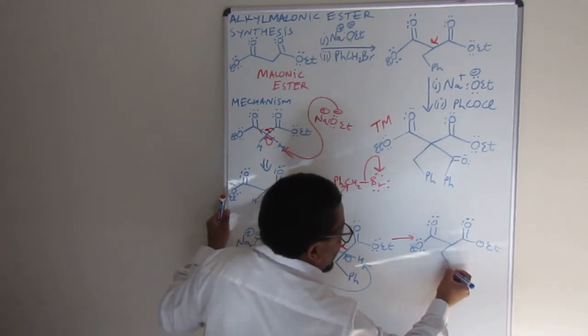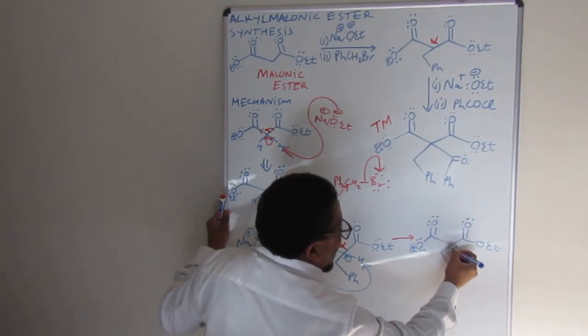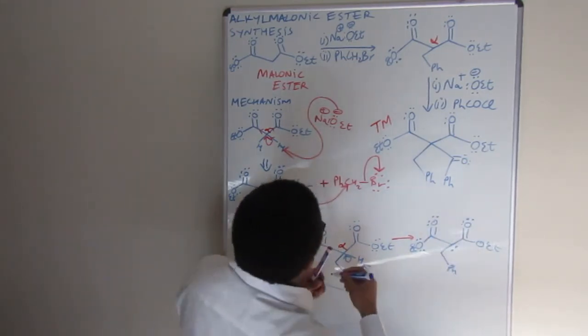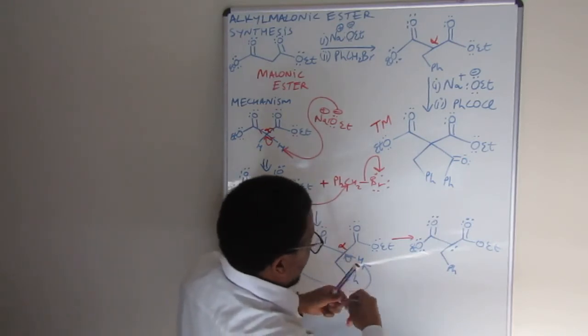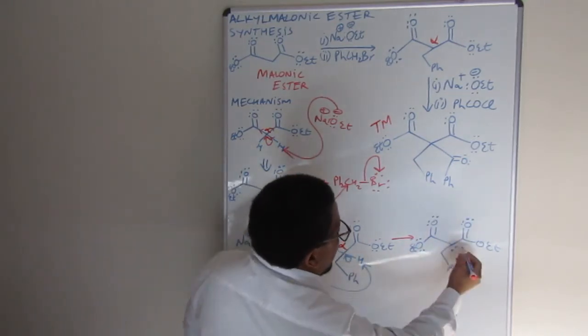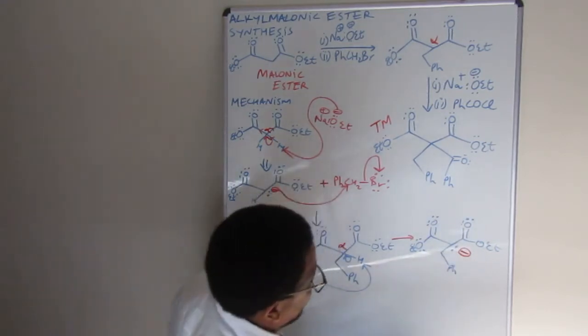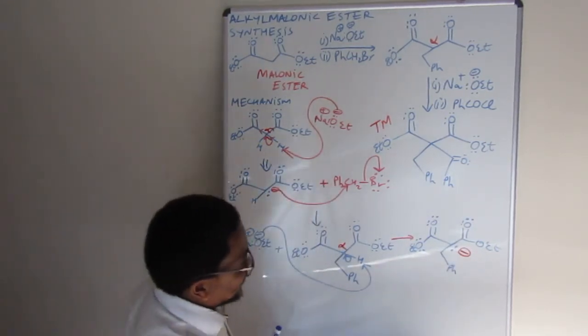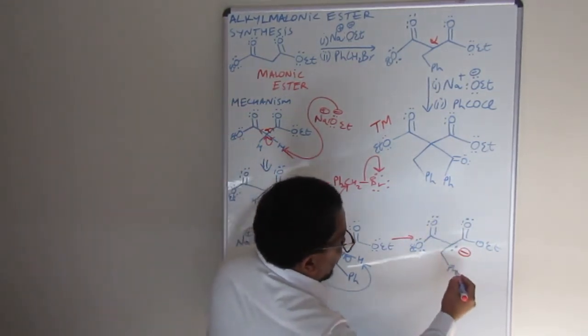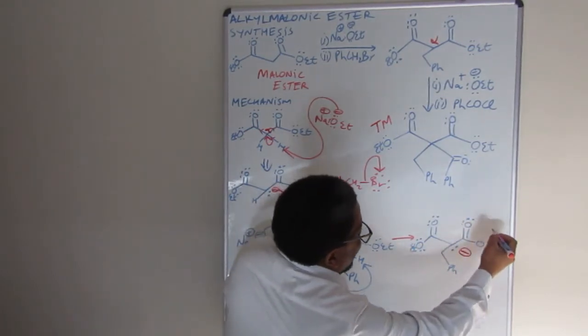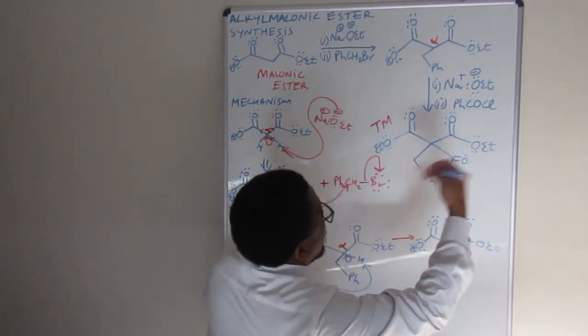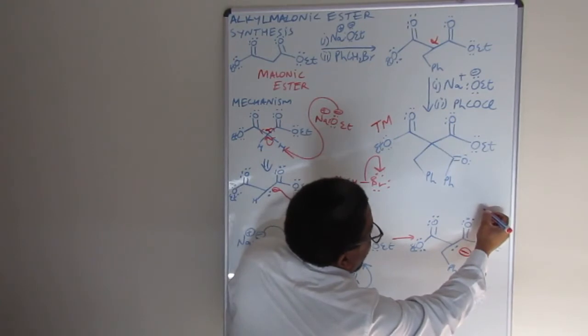This CH2Ph and a carbanion in that case. There's our carbanion in this case, right? Now, the carbanion is going to react with what? We need our second Ph, right?